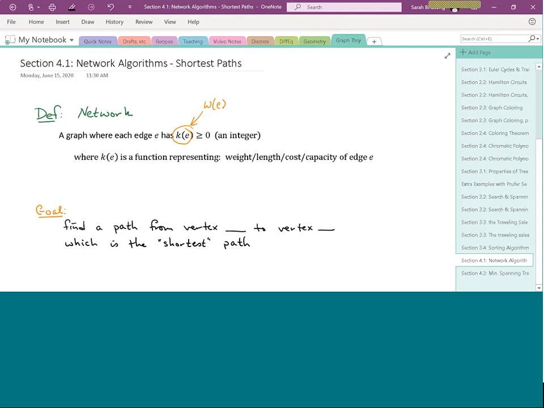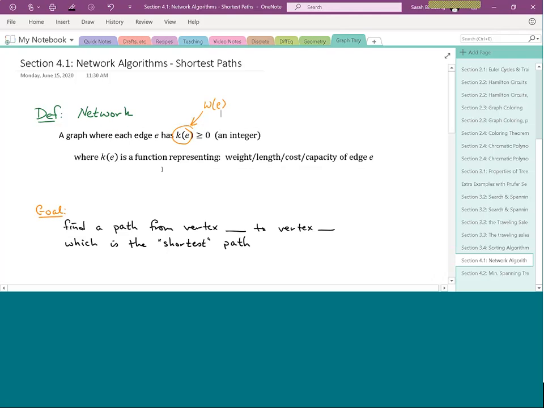But standard is that it's normally positive integers. And in fact, your textbook makes a really big deal about these not being negative values and having to be integers. Technically, you don't need that, but you do have to adjust some of the algorithms to deal with negative numbers.